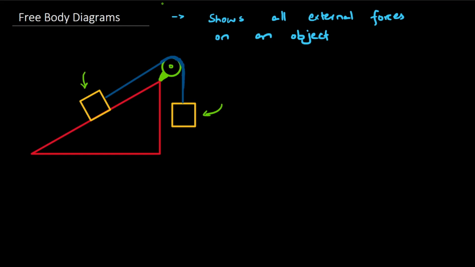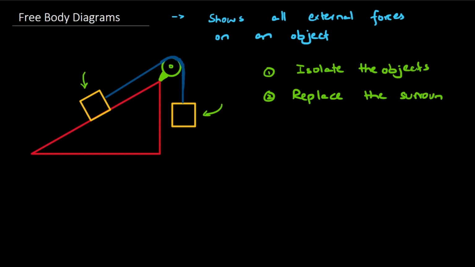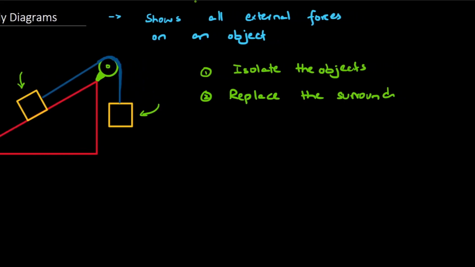The steps that engineers typically follow are: they isolate the objects, then they replace the surroundings with forces, and then they represent the forces as arrows.